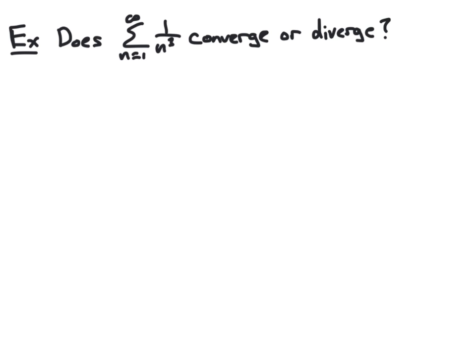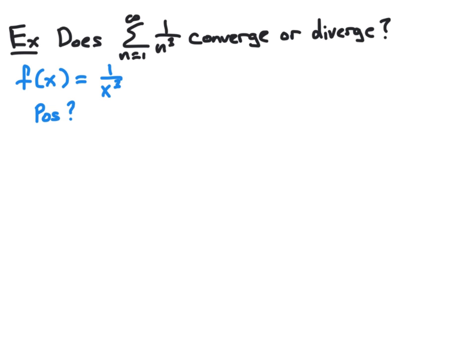In order to use the integral test for this particular series, we need to look at the associated function f of x equals 1 over x cubed and ensure that it has the three properties that the integral test requires. First, we need to check whether this function is positive on the interval 1 to infinity.